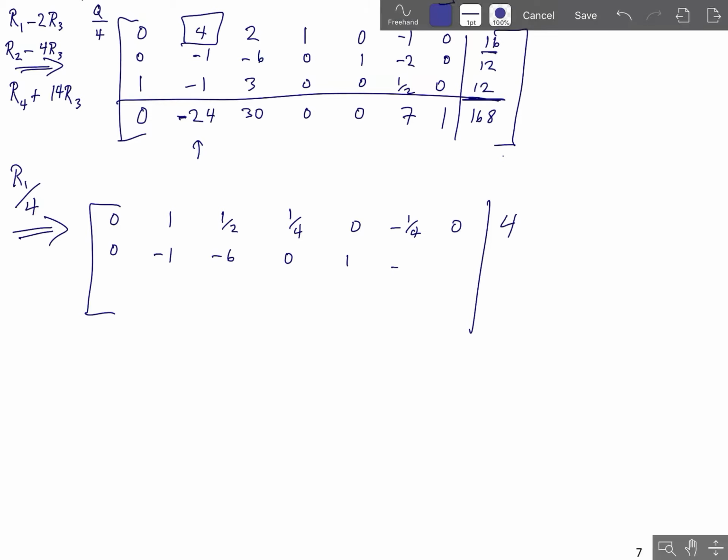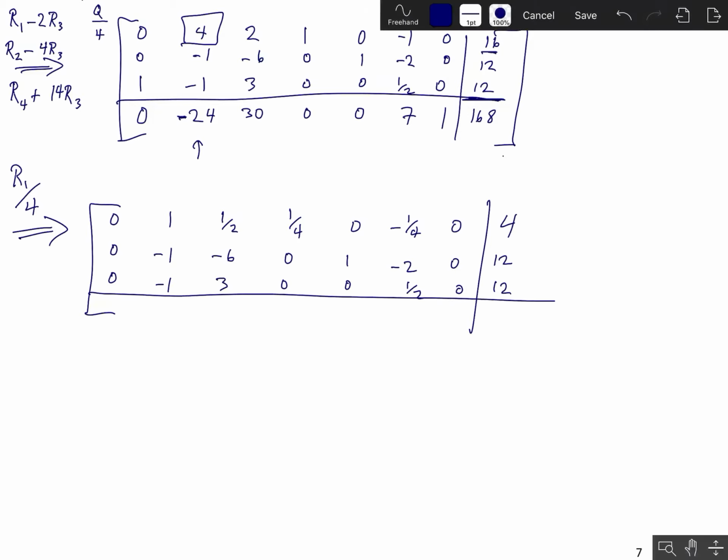So the second row would still be this. And then that third row would still be this. And so on. Okay, so this is where we're at so far.